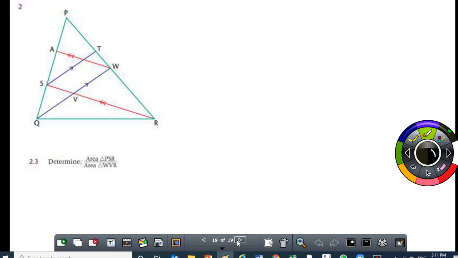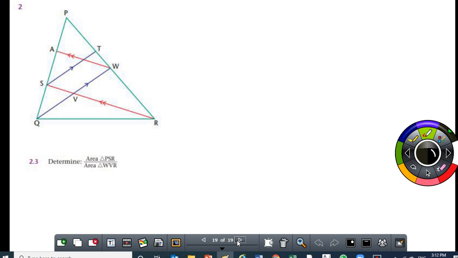Ratio of areas. Alright, this question, everything that I said at the beginning, you need that here.